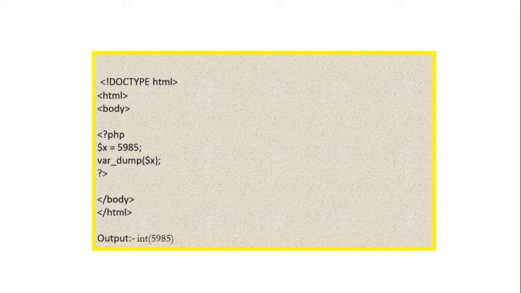Let's see one example. Here in PHP code, I have declared one variable $x is equal to 5985 and I have called one function var_dump.